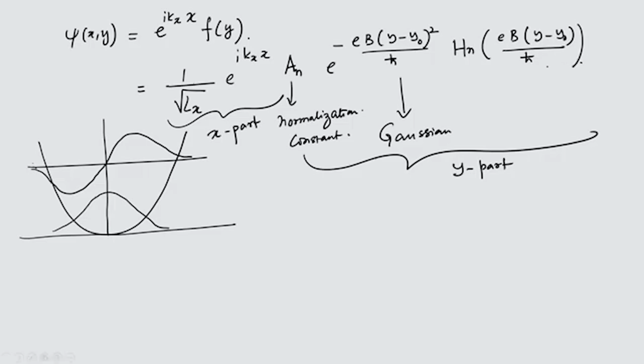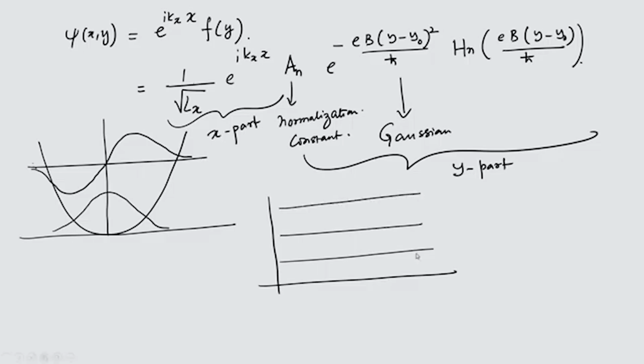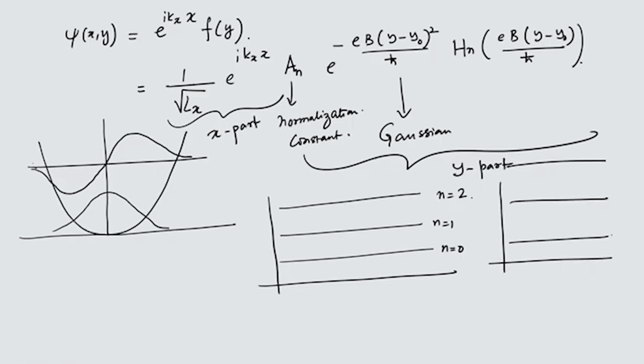Okay. These Landau levels, if we really plot them, how do they look? The Landau levels will simply look like this. Okay. They are equidistant for a given value of b. So, this is n equal to 0, n equal to 1, n equal to 2 and so on. But if you draw for another magnetic field, it may look like this, with n equal to 1, n equal to 2, n equal to 3 and so on.